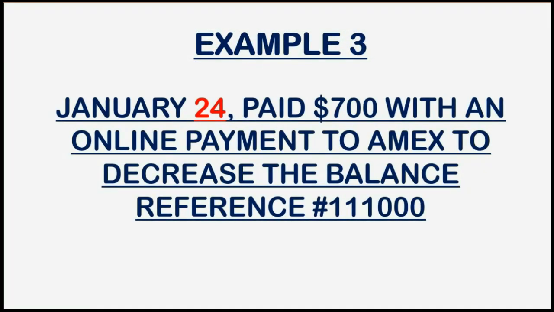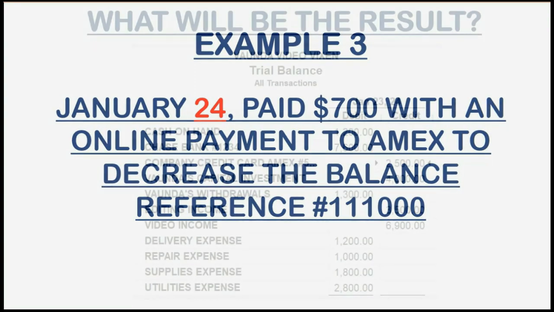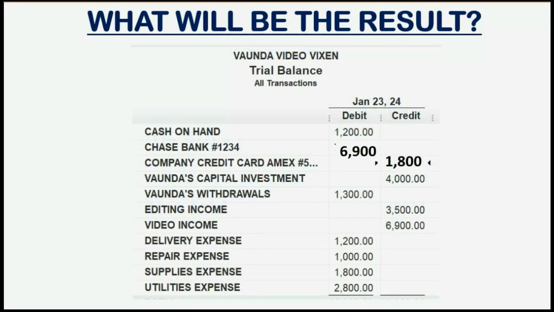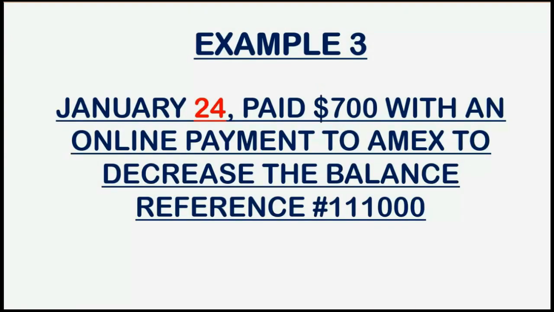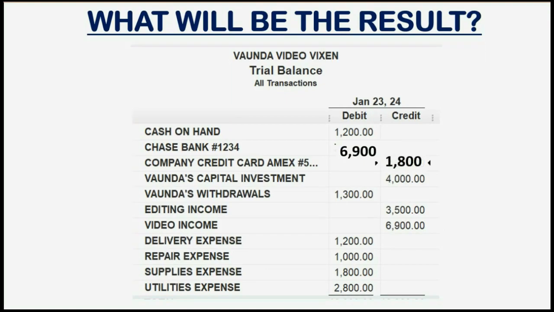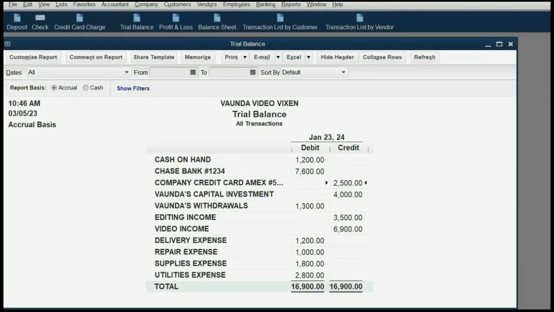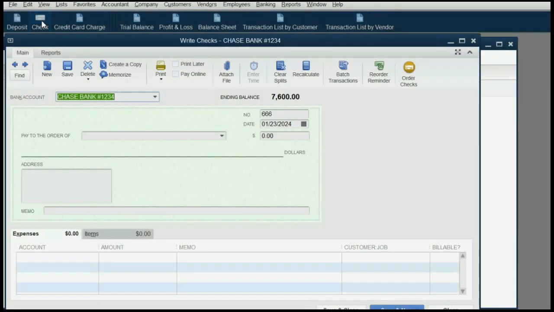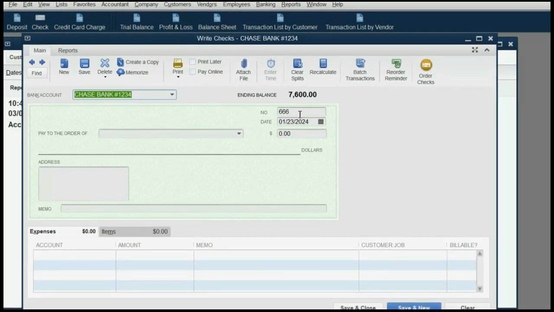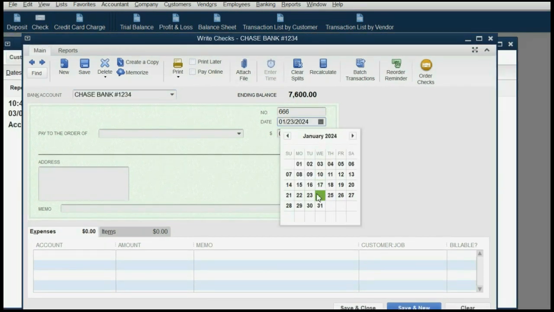So, again, $700 with an online payment to American Express to decrease the balance, and this should be the result when we finish. And what's the date? The date, January 24th. Okay, very simple. We open the checks window and we advance the date to January 24th.